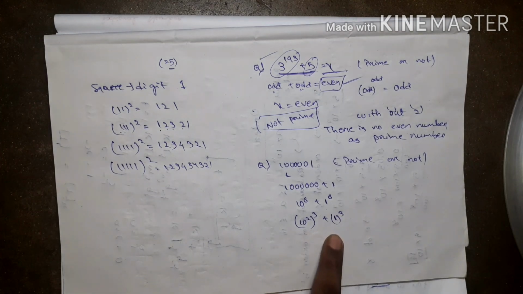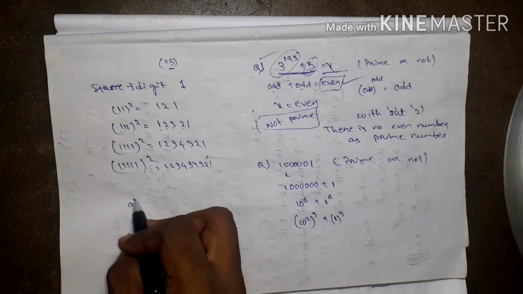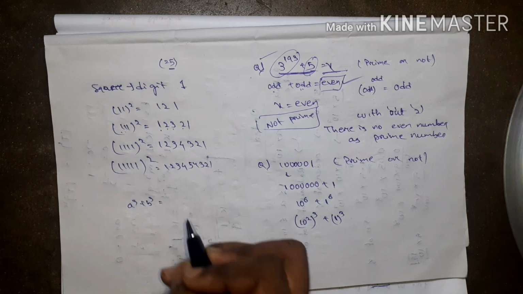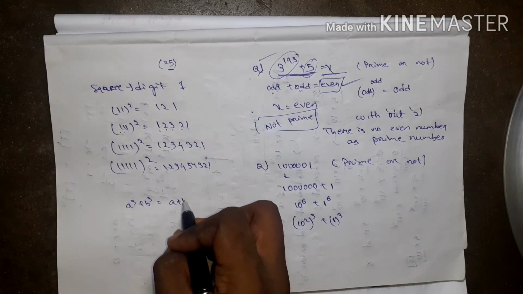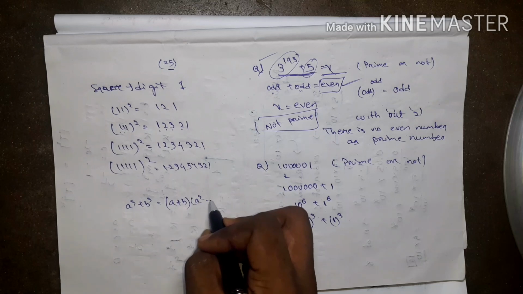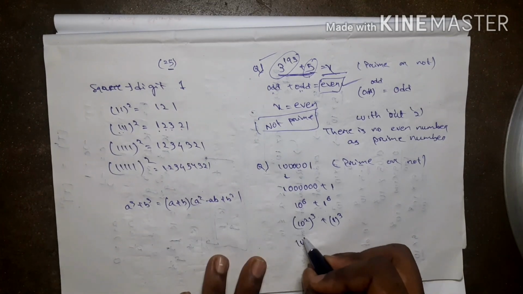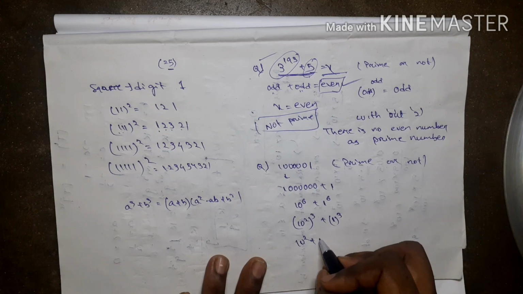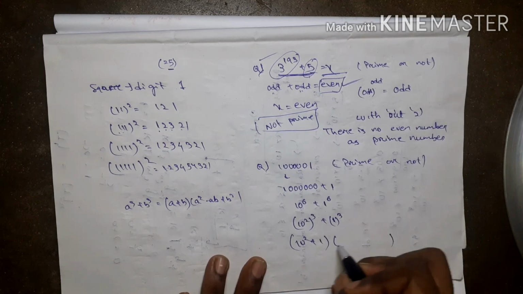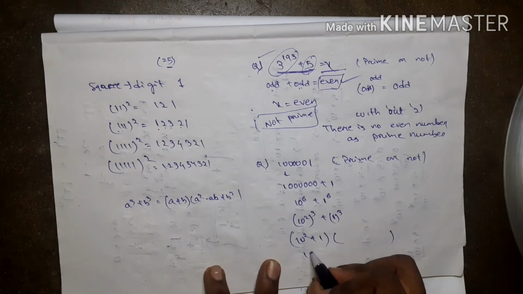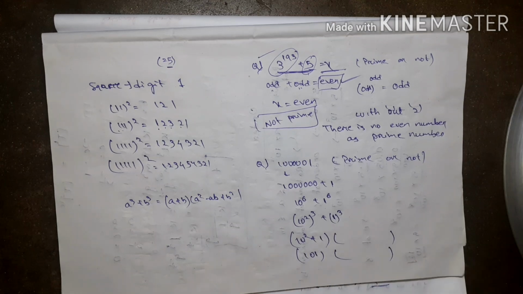Then it is the formula of a cubed plus b cubed. I already described that. What is the formula of a cubed plus b cubed? It is (a plus b) into (a squared minus ab plus b squared). That means 100 squared plus 1 into something. Then it is 101 into something.